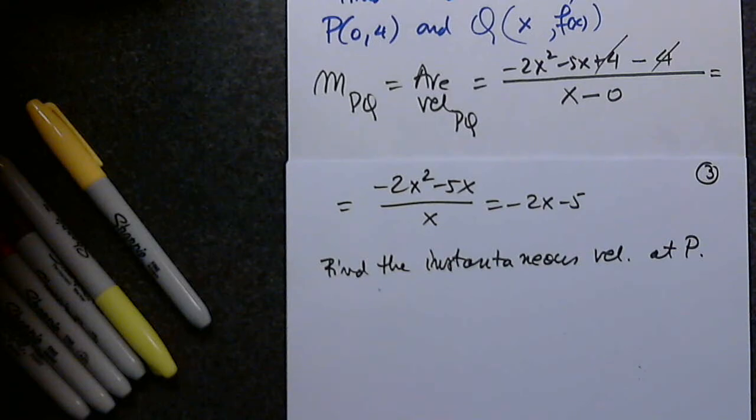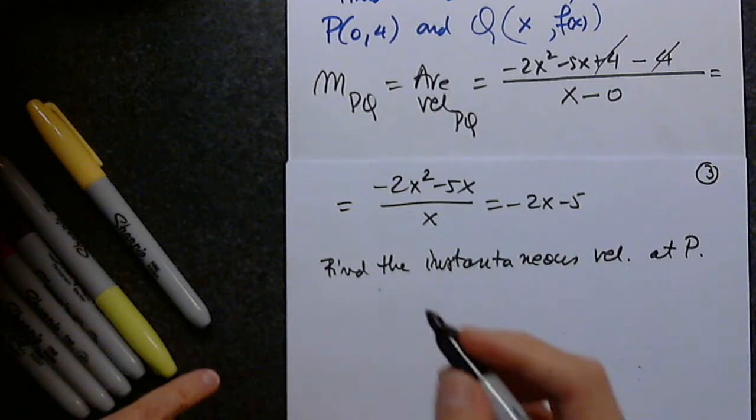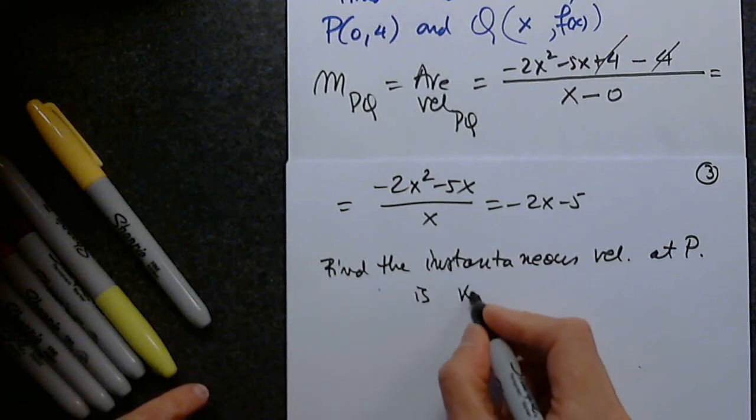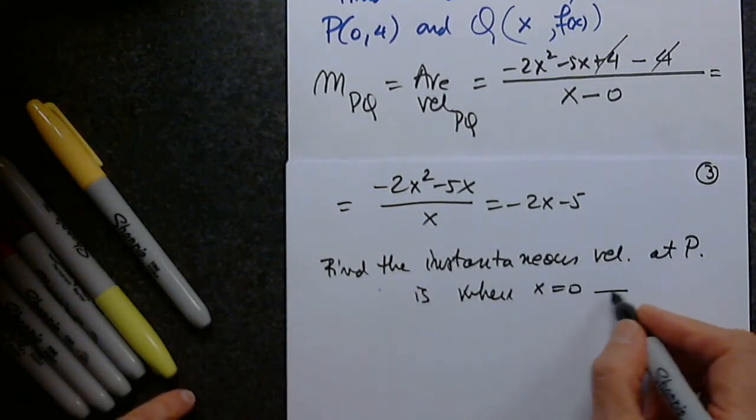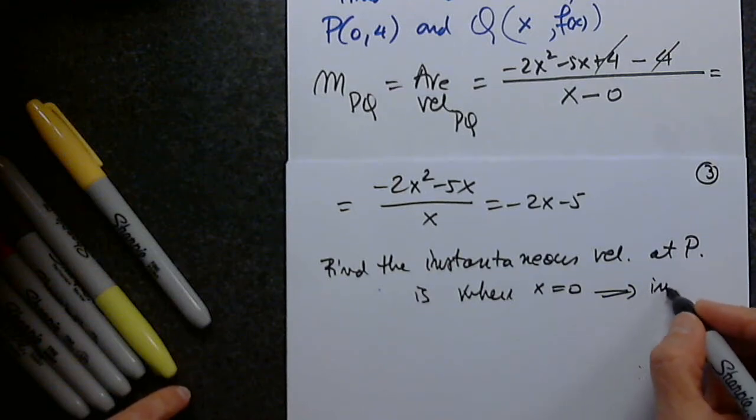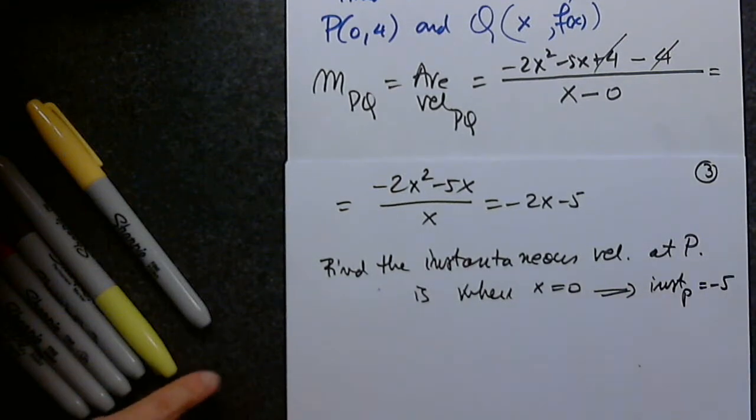And the instantaneous velocity? How do you have a velocity of the negative? Very good. The negative direction, or slowing down, depending on how you want to see it. So the instantaneous velocity at P is when x equals 0, because that's the x coordinate, and it will be negative 5.